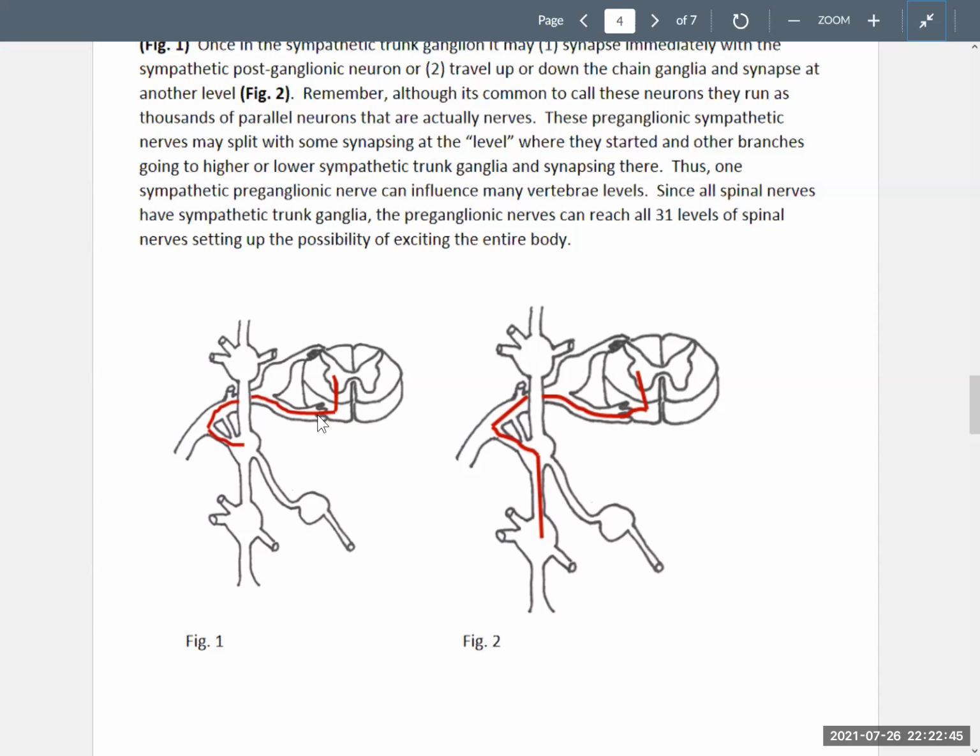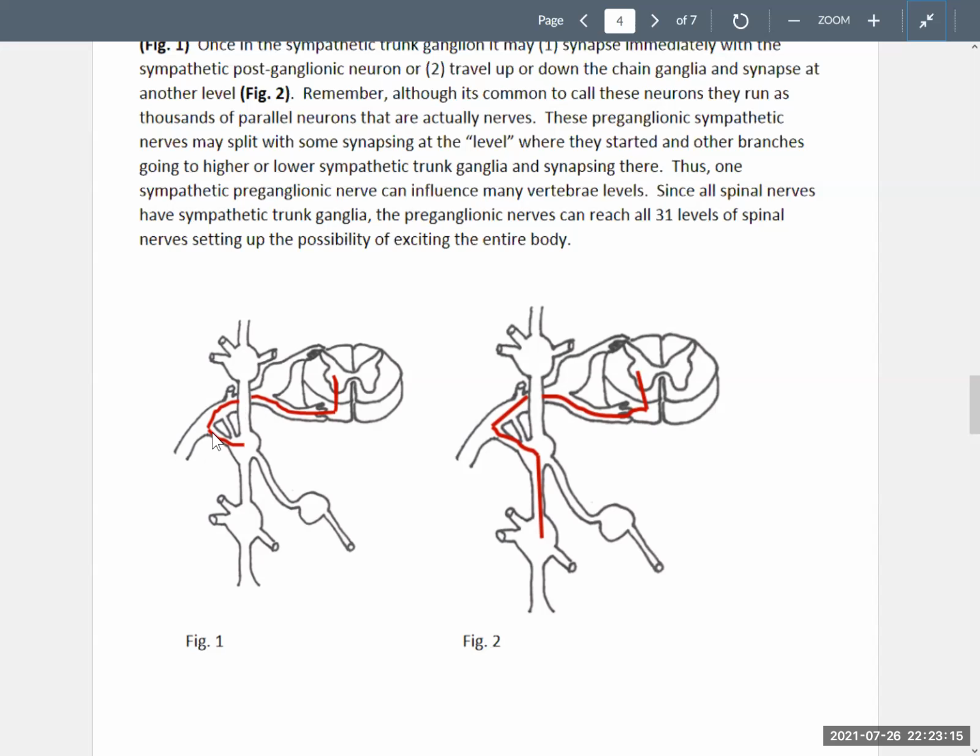Instead, they're going to go to the smooth muscle or glandular epithelium. Okay. And you have two neurons in the pathway to get to an organ or a glandular epithelium, which is usually a gland. The first neuron is the preganglionic neuron, in this case, of the sympathetic system.